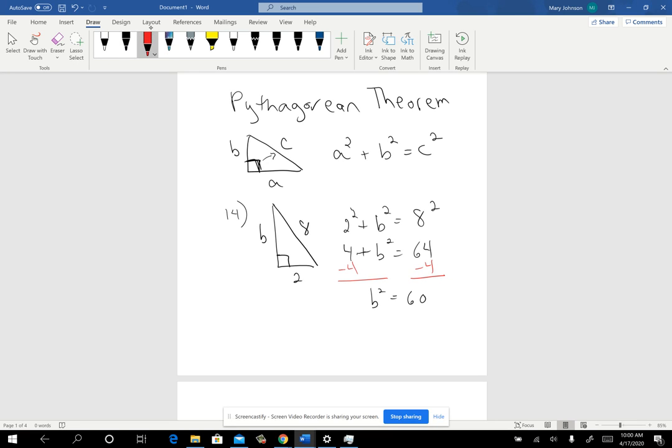Then we're going to square root both sides. And we wind up with b equaling plus or minus, and with 60, we'll break it down until we get it factored all the way.